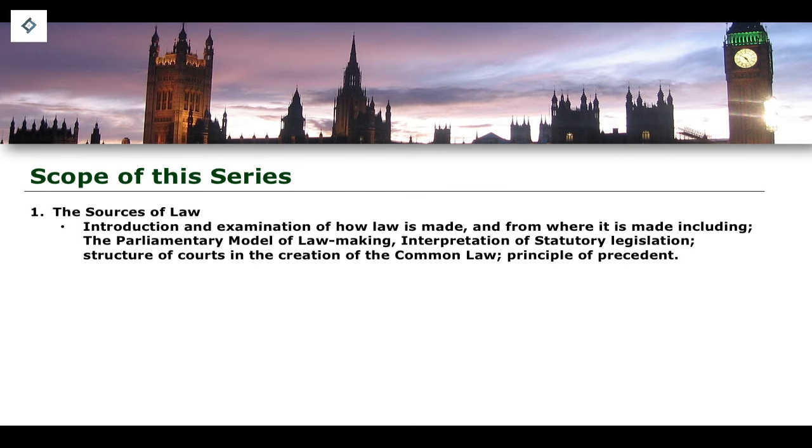Statutory legislation and statutes refers to parliamentary legislation, as well as the structure of courts in the creation of the common law and the principle of precedent. We're going to talk about the various different ways in which we interpret case law decisions, including principles such as stare decisis, ratio decidendi, etc.